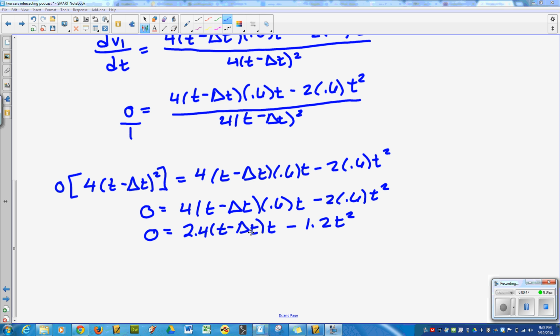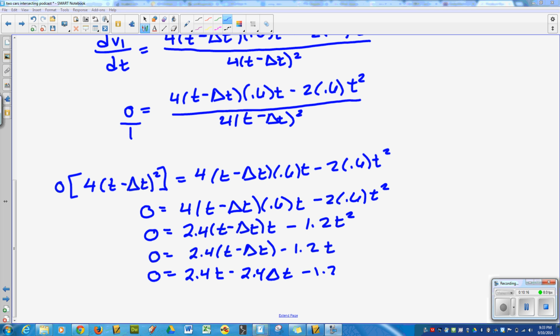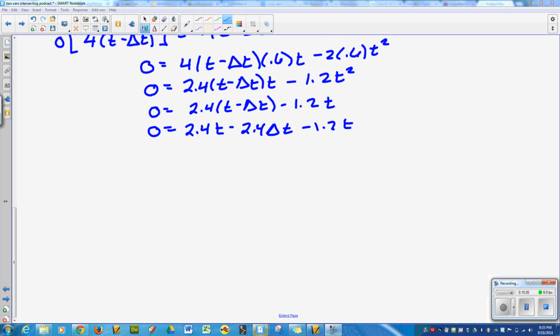Now I'm going to divide both terms by t. Now I'm going to multiply this through. Oh, I forgot to distribute.